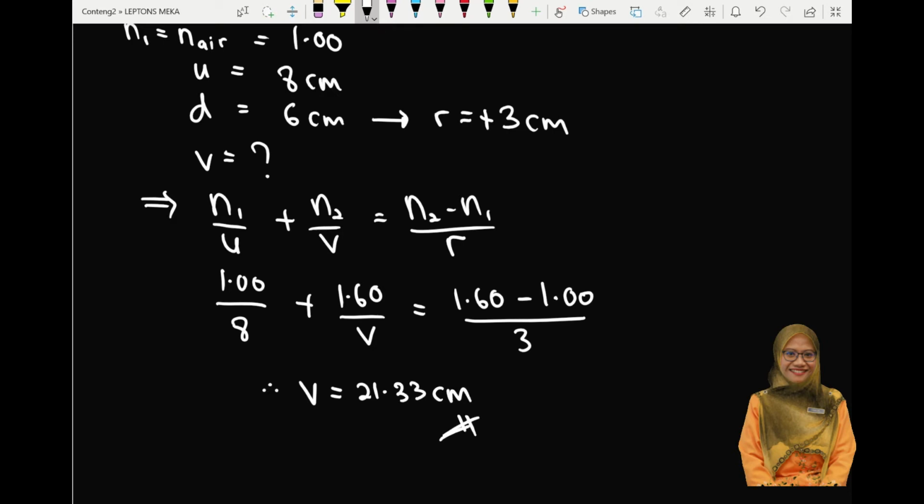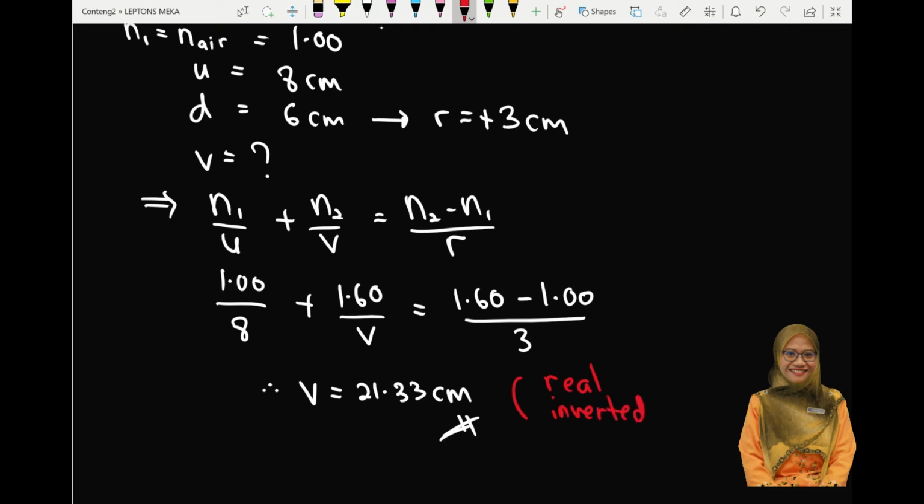centimeter. So from this value of image distance, we can identify the image characteristics. Because it is positive, positive means real image.